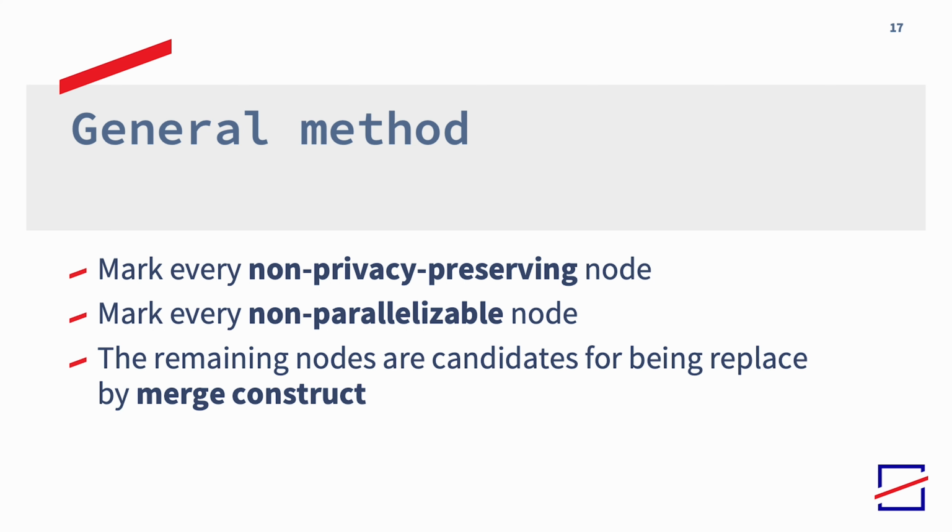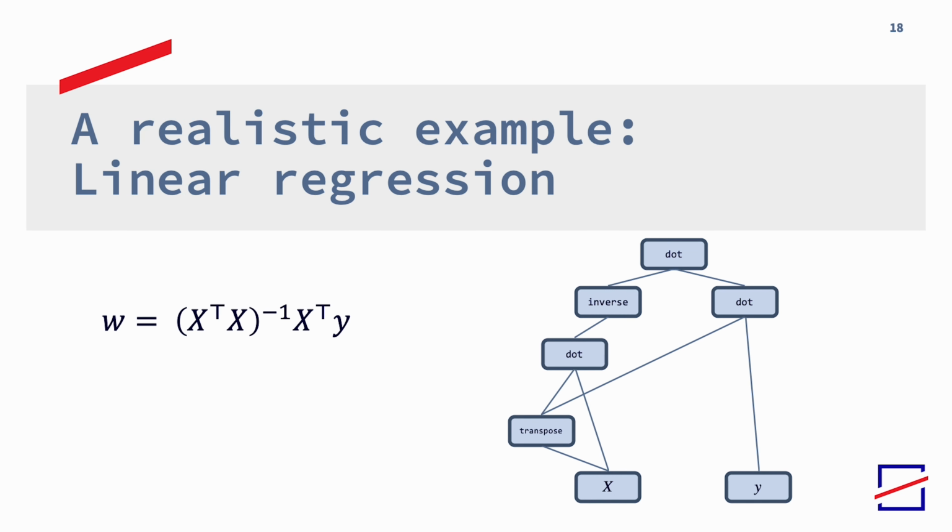Now, let's see how this would work in a realistic example, like linear regression. One way to solve a linear regression problem is by the ordinary least square formula, which is shown here on the left. We want to compute this quantity W, which are the coefficients of the linear regression model.